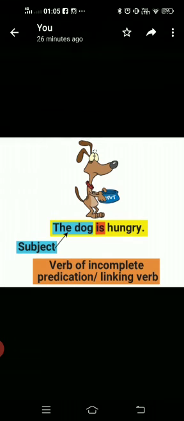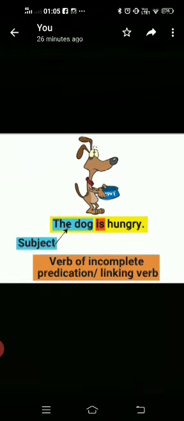We don't need any object in it, but we need a complement in it. If the complement is not there, the sentence meaning is incomplete. Like you can say, the dog is hungry. If hungry is not written, you will not get any meaning; that particular sentence is incomplete. The dog is what, right?